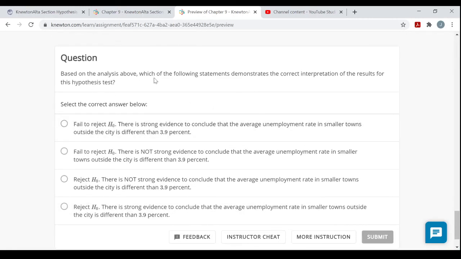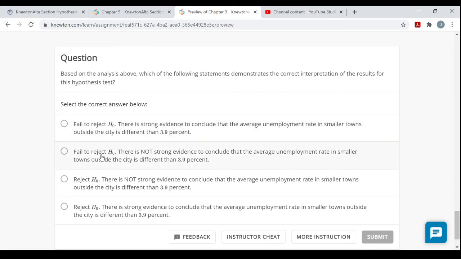And then, based on the analysis above, which of the following statements demonstrates the correct interpretation of the results for this hypothesis test? Remember, I said that we weren't in a rejection region, so we don't reject the null. We fail to reject the null. Now it's one of these two. And then the rest of it is, do we support the claim that the mean is not 3.9? It is different from 3.9.